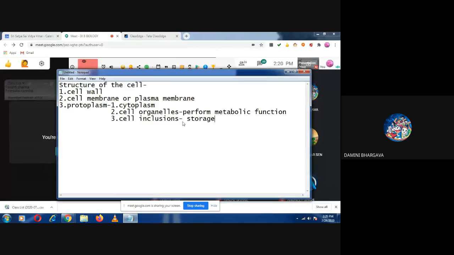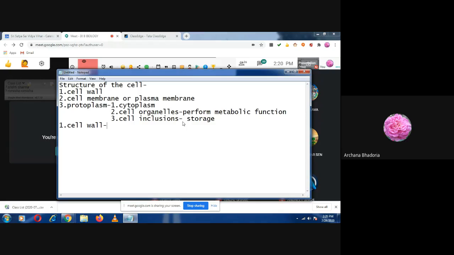Yes, ma'am. Now we will start with the first component. So what is the first component? Cell wall. Okay, so now you can check what the cell wall is. Which cells have got the cell wall, children? Plant cell. Okay.